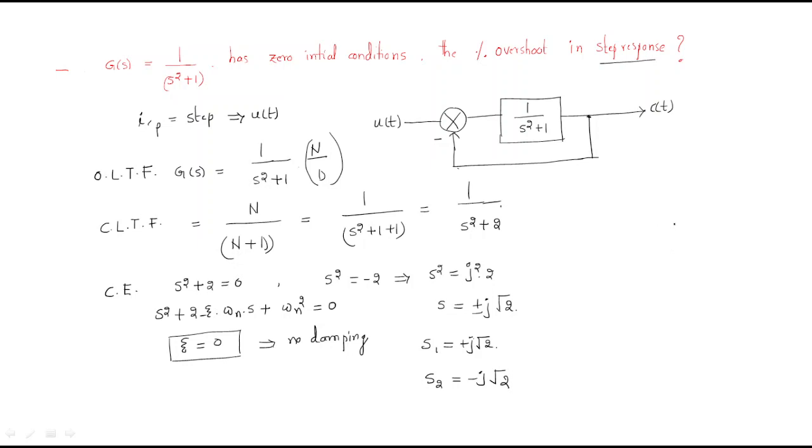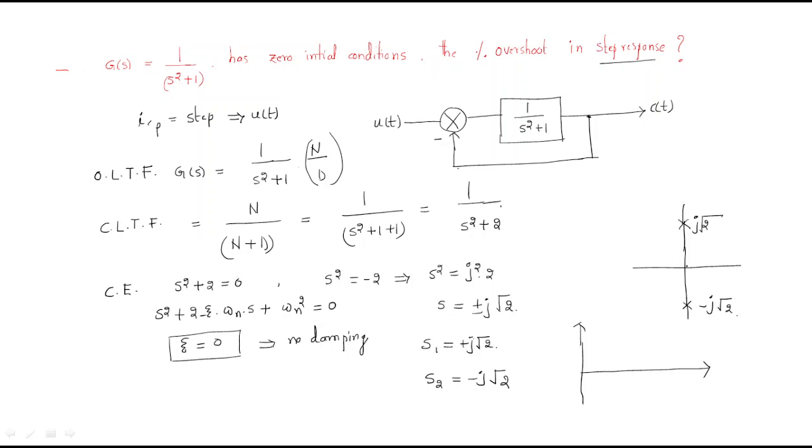Whenever these two poles are available on the imaginary axis only, the first pole being j root 2 and the other minus j root 2, the output waveform is like this.